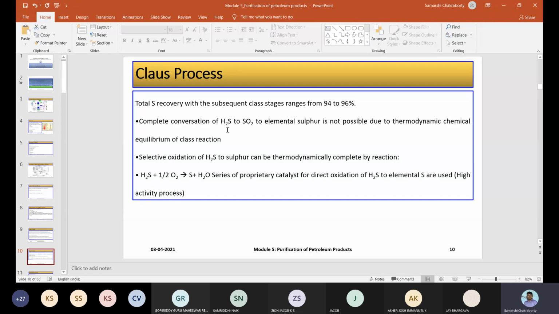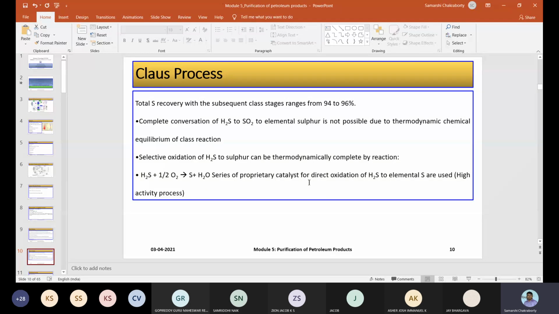The complete conversion of H2S to SO2 to elemental sulfur is not possible due to the thermodynamic chemical equilibrium of the Claus reaction. The selective oxidation of H2S to sulfur can be thermodynamically complete by the reaction H2S plus half O2 converting into 1 mole of sulfur plus 1 mole of H2O.